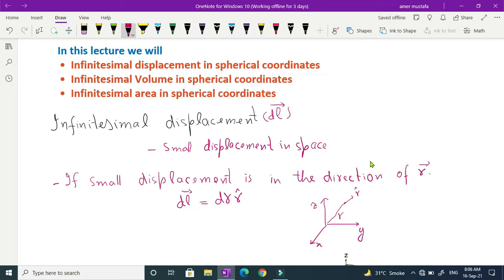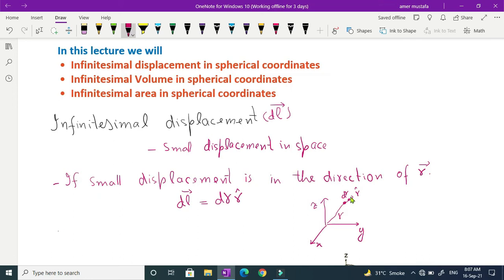If you move along this direction from here to here, covering a small displacement along r, then this infinitesimal displacement will be equal to dr into r cap.